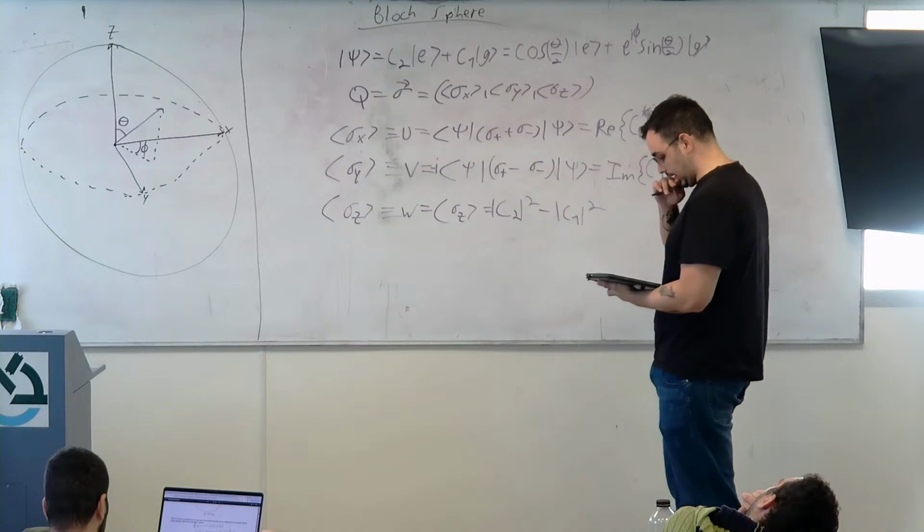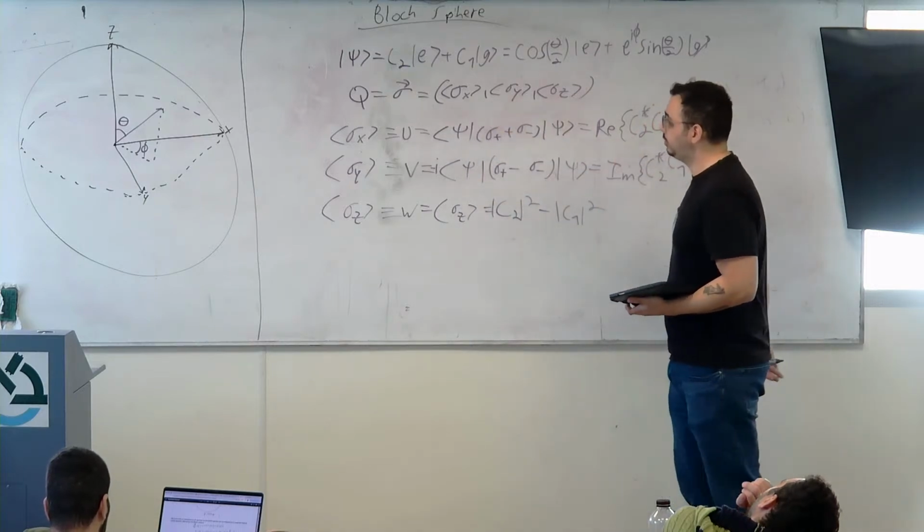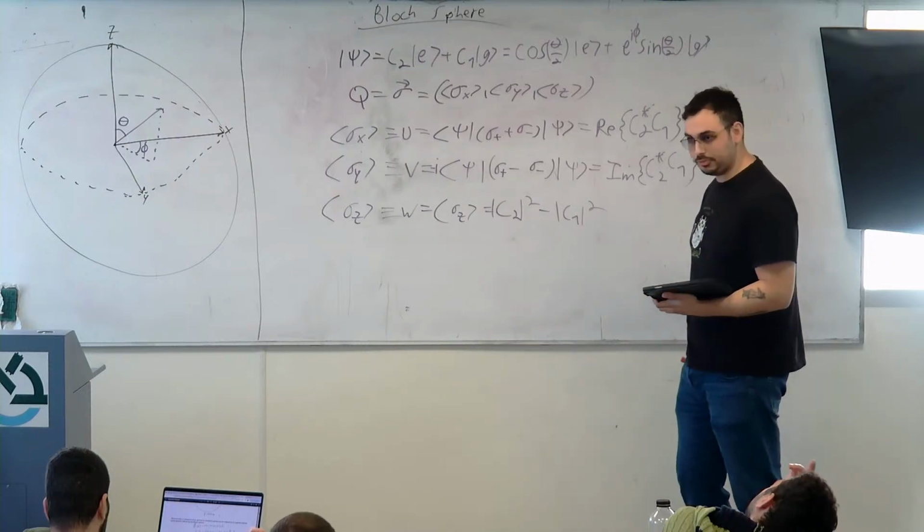Simple as that. And using this Q vector, we also define a new way to represent the Hamiltonian.